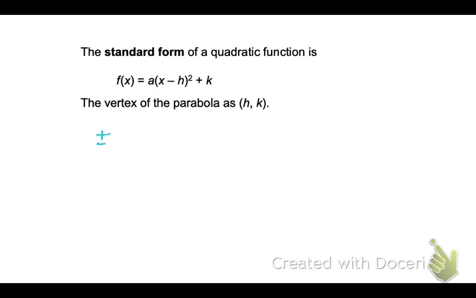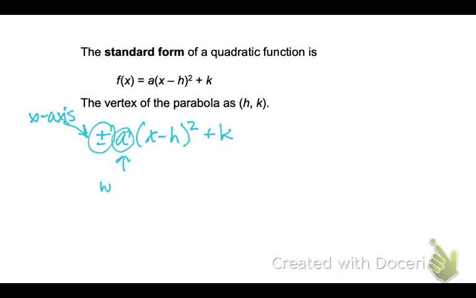Remember, it's plus or minus a, then x minus h squared plus k. This reflects over what? Reflects over the x-axis. A is wider or narrower.